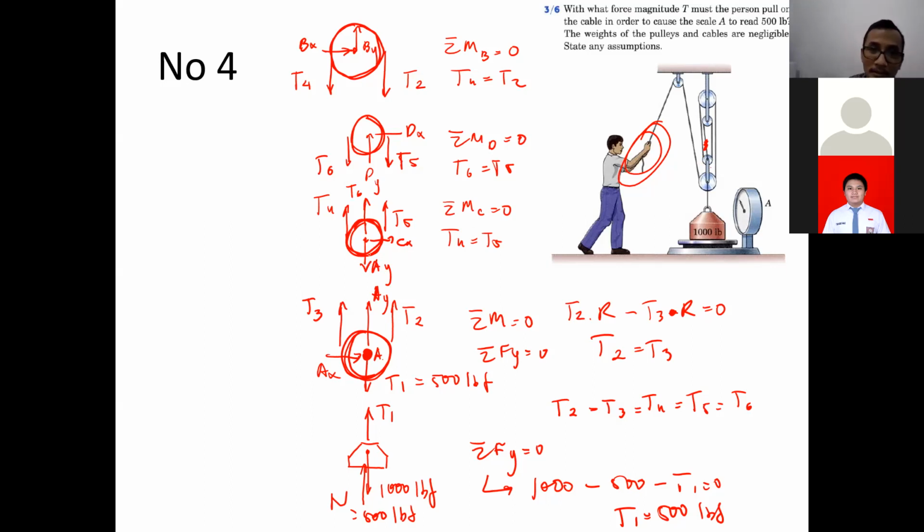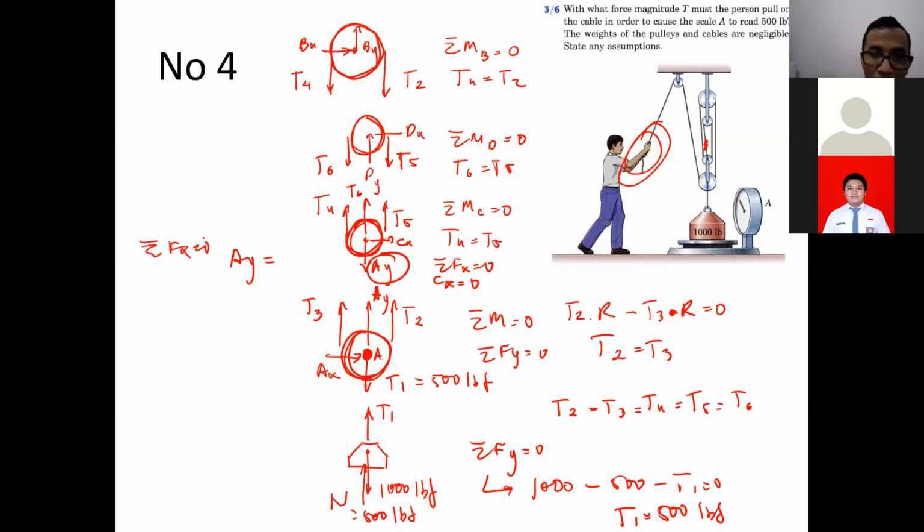So using sigma Fx equal to 0 here, Cx will be 0, right? Yes, because it doesn't move. And now Ay, we will know the value of Ay using sigma Fy equal to 0.